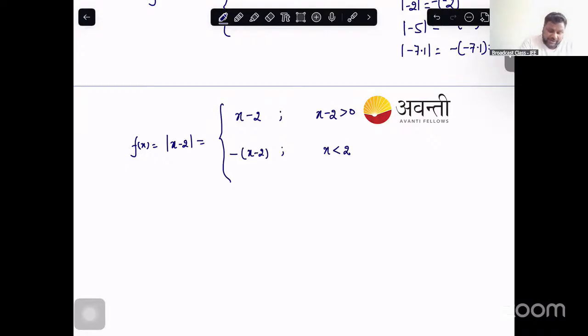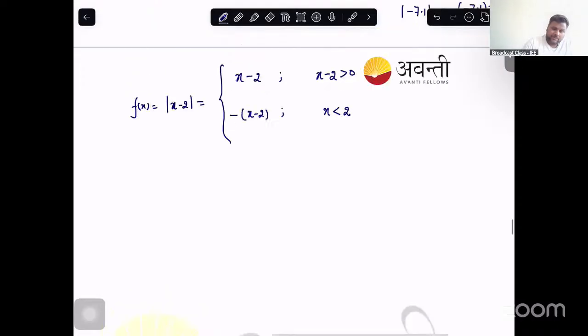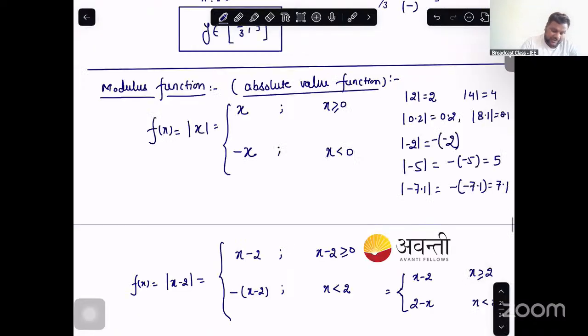So if x minus 2 is greater than 0, it is directly x minus 2. If x minus 2 is less than 0, it comes out as 2 minus x. So if x is more than or equal to 2, it is x minus 2; if x is less than 2, it is 2 minus x.